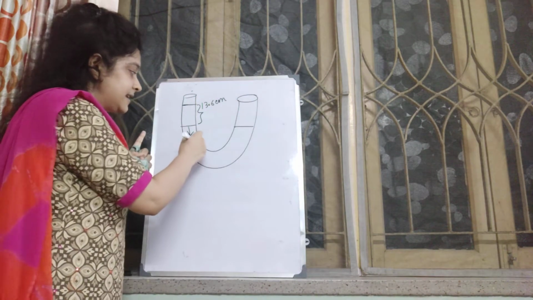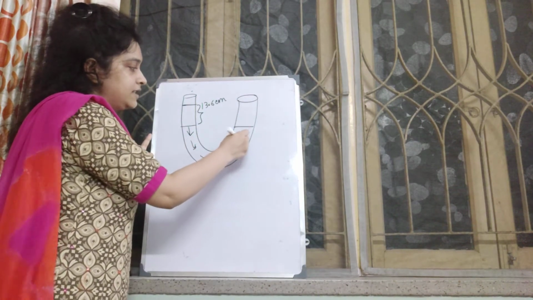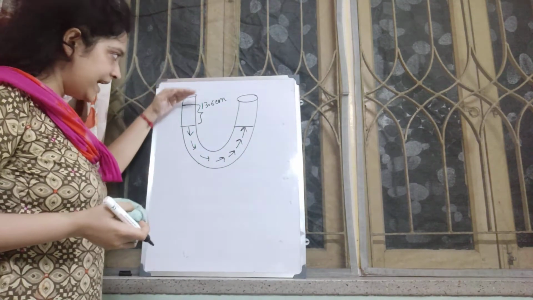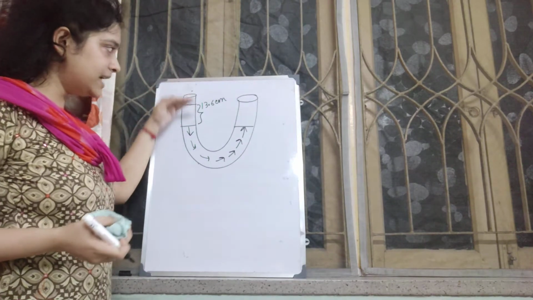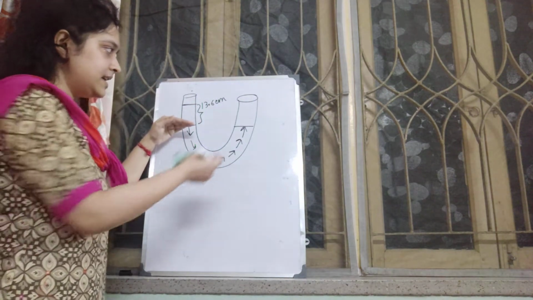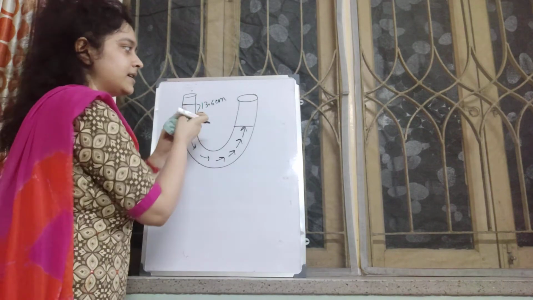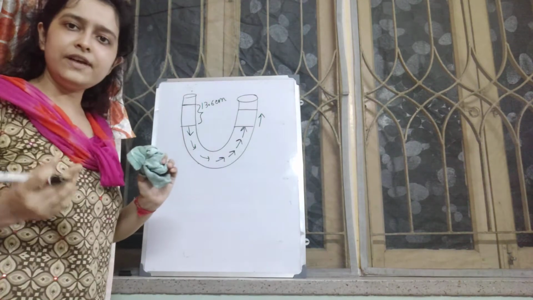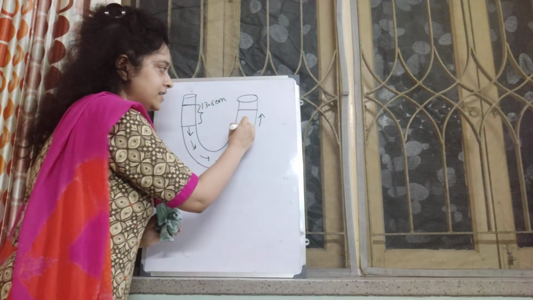This pressure is equally transmitted in all directions. As a result, due to the thrust applied by the water column, that is the pressure applied, you will find the level of mercury will rise here.